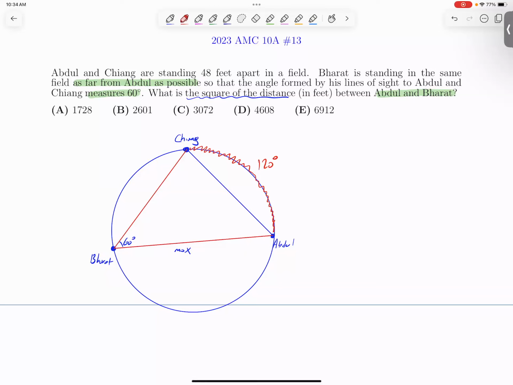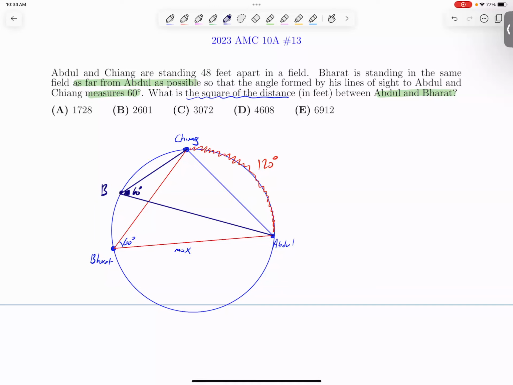Then we should realize that we can pick point P anywhere on the circle. If they're looking at the same arc, the angle is the same. For example, let's pick a point here for Bharat, and his lines of sight looking at Cheng and Abdul, the arc doesn't change, so this angle is also 60 degrees.